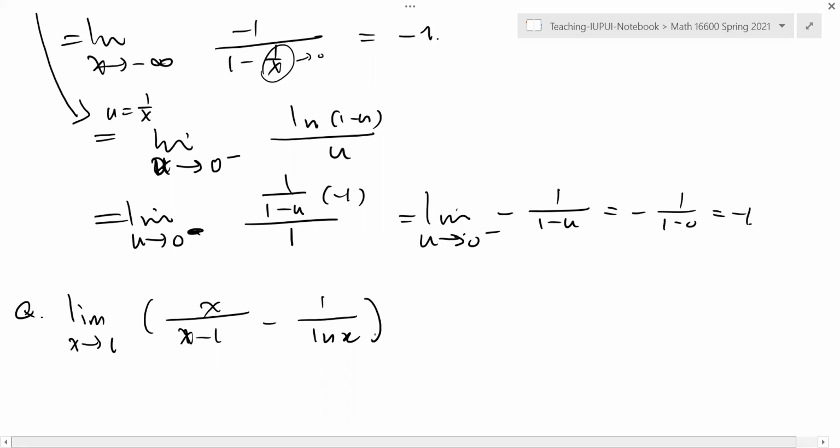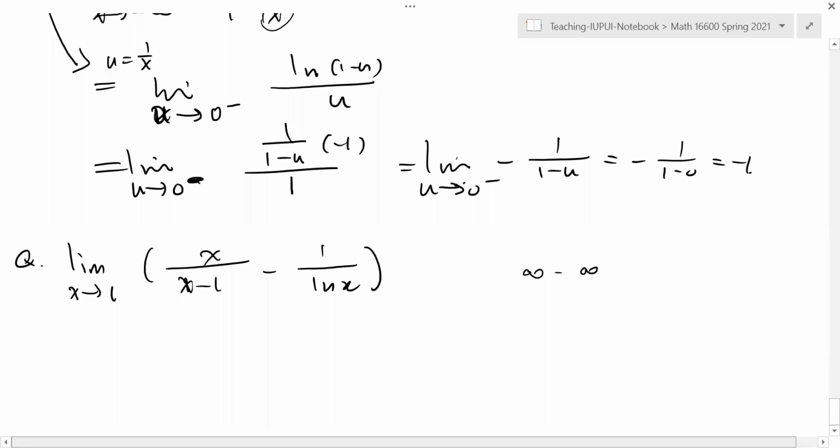When x approaches 1, it looks like the infinite minus infinite type here, right? You can assume x approaches 1 from the positive side. So how can I do that? Well, just combine them to get a quotient.